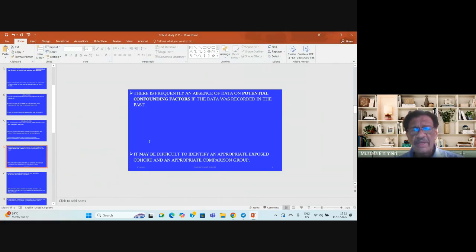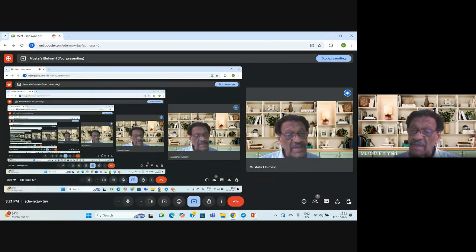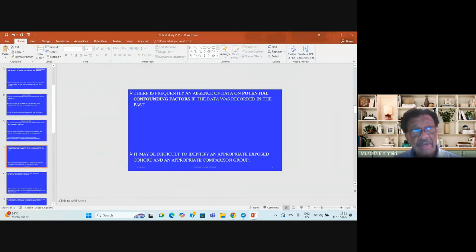And there is frequently an absence of data on potential confounding factors. If the data were recorded in the past, we will not be sure of the confounders that will affect the data, and this is a real problem to be considered.